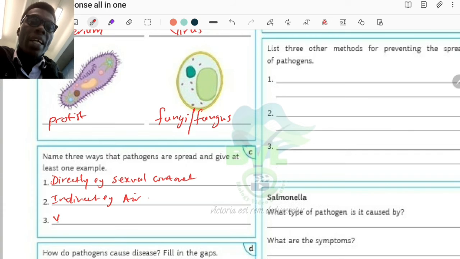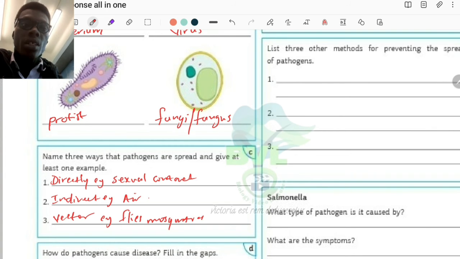Then through vectors, e.g. mosquitoes, flies. You can just say flies. Say mosquitoes. Can go on and on.